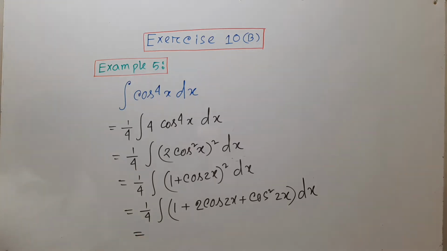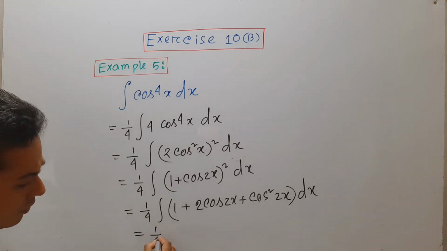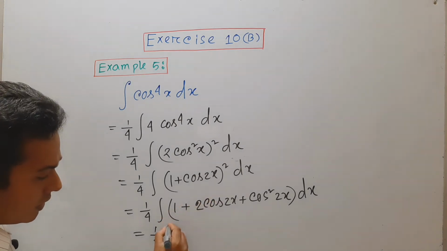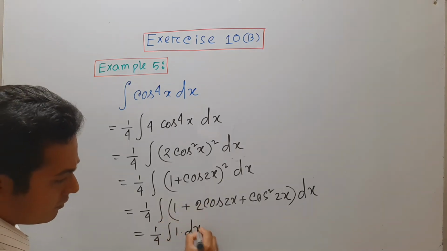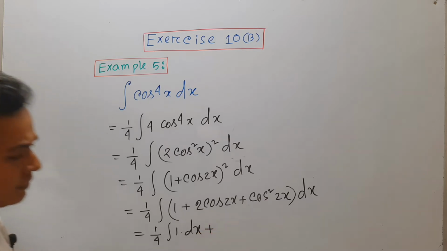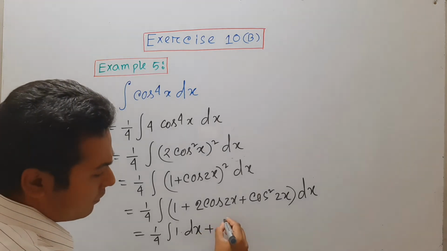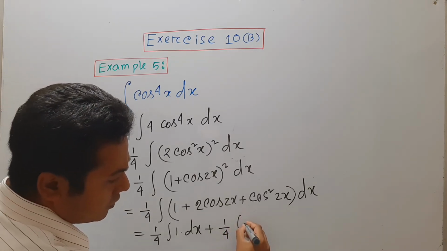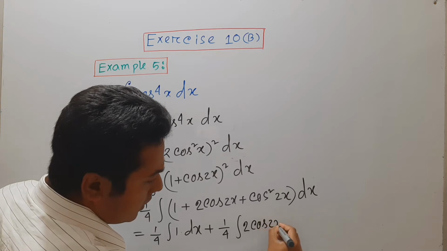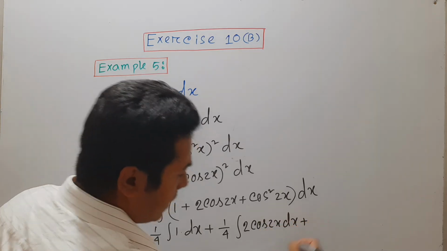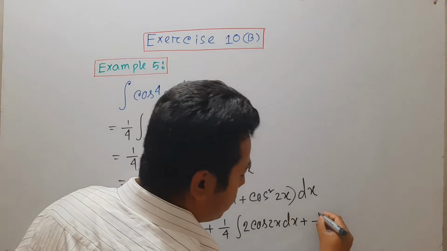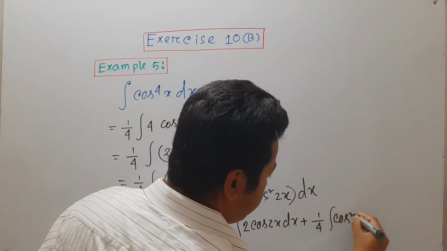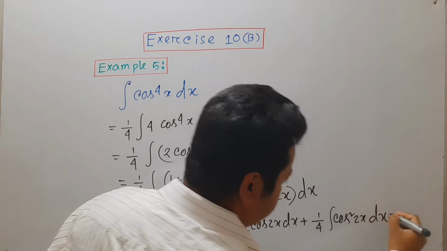Now we can write 1 by 4, then 1 integration 1 into dx plus 1 by 4 integration of 2 cos 2x dx plus 1 by 4 integration of cos square 2x dx.